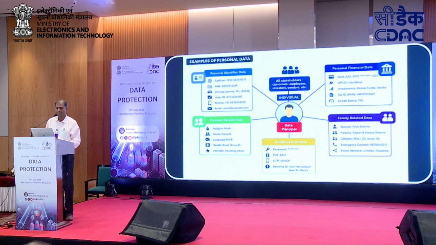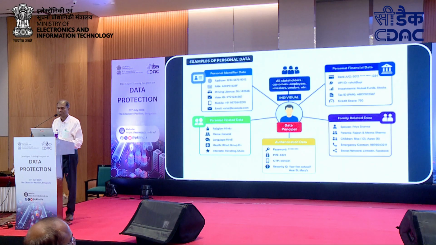But let us take a standard case of an individual where the data principal is there. Whatever the PAN number, Aadhaar, driving license, voter ID, mobile number, email, all uniquely identify the particular person. So basically it becomes personal data.